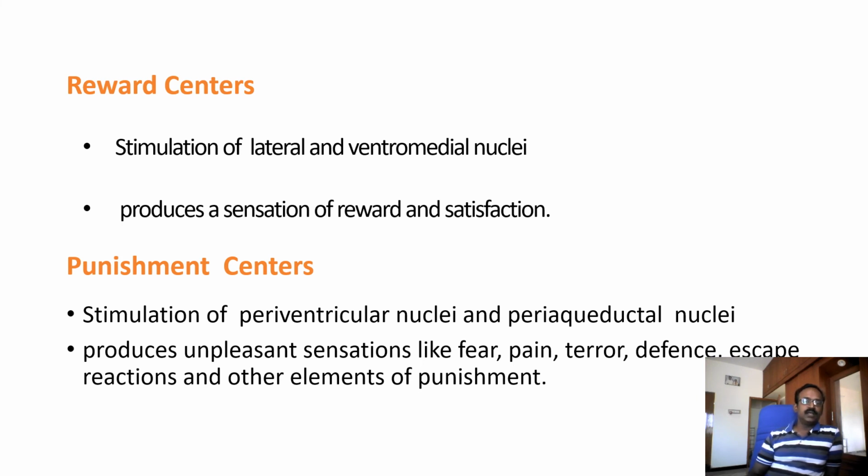And the punishment center, the periventricular nuclei and the periaqueductal nuclei, when stimulated, produces unpleasant sensations like fear, pain, terror, defense escape reactions and other elements of punishment. So negative thoughts will come due to the stimulation of the periventricular nuclei of the hypothalamus.